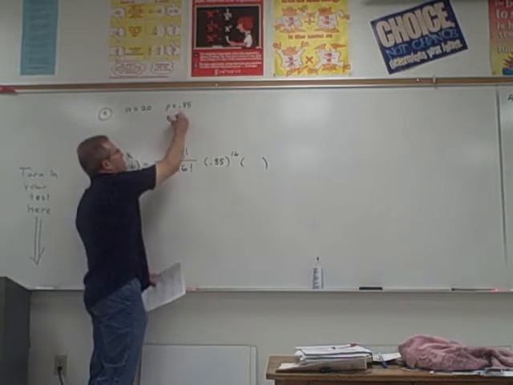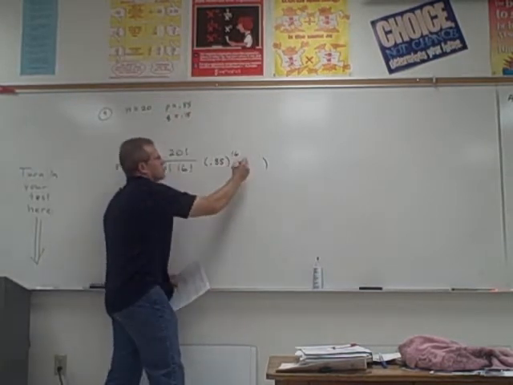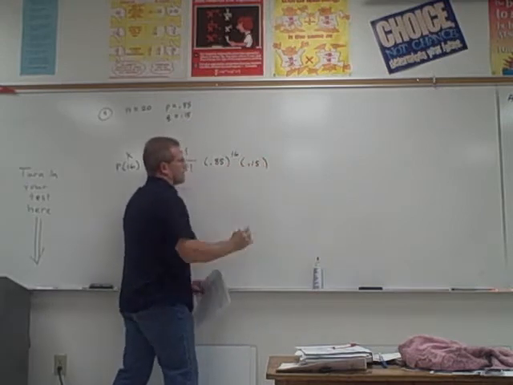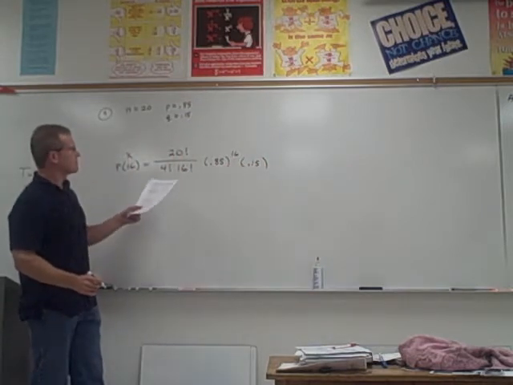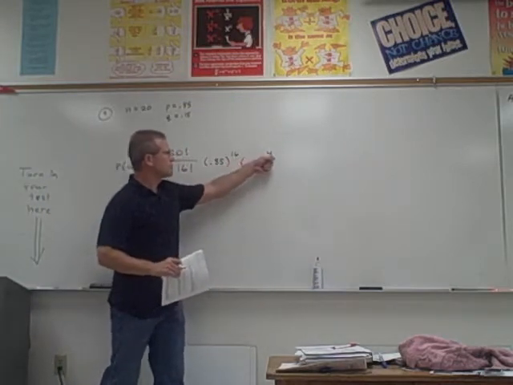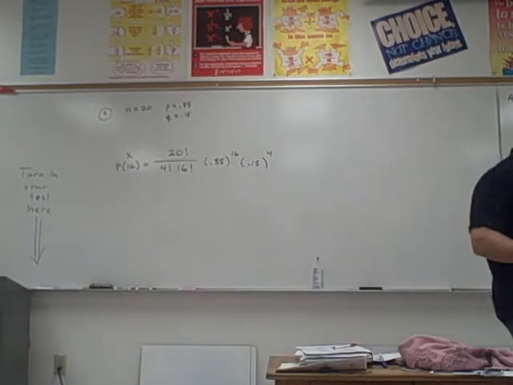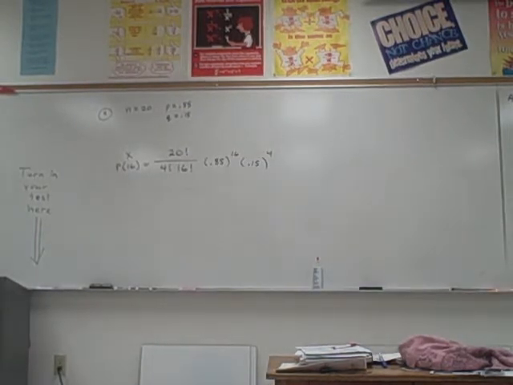Q is the probability of failure, which would be 1 minus 0.85, 0.15, so that's what comes next. And that power is n minus x, so 20 minus 16 is 4. Again, notice that the two exponents add up to 20. Once you get done, you can look at it and see if things match up the way they should.